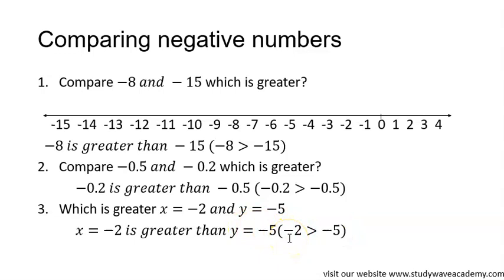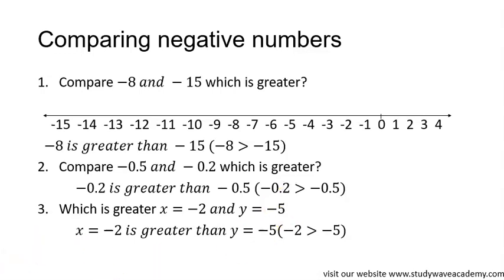If you're asked to find which is lesser, -5 is less than -2. If you're asked to find which is lesser, here -0.5 is less than -0.2. Okay, do you understand the concept now? Okay, good.